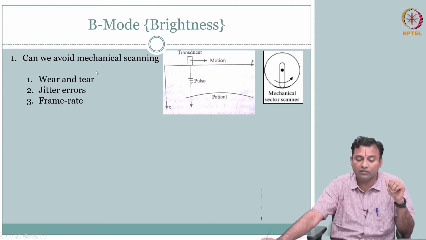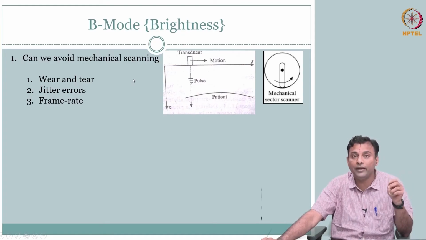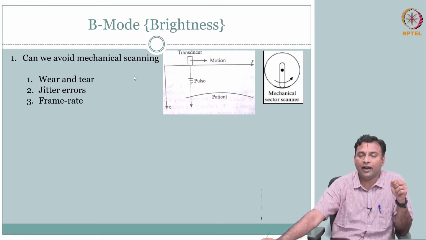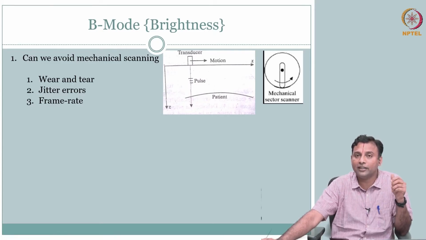In fact, there are a lot of disadvantages, right, because you have wear and tear of the mechanical parts, motors, and then you could have jitter error because you're moving, stopping, taking the data. So unless you completely come to a halt, you will still have start and stop, so there will be some errors. If you want to do that, how many times should you do that, right? So it will take forever. So the frame rate will be extremely slow.